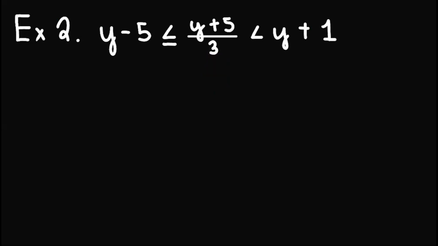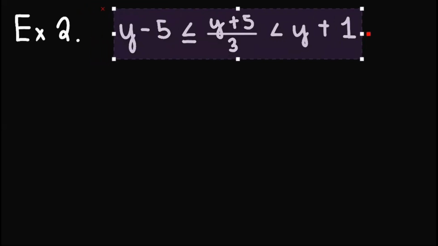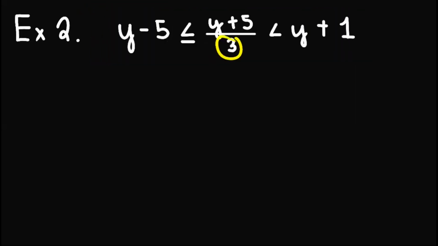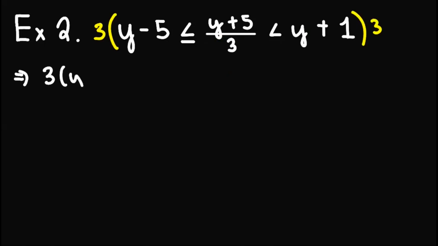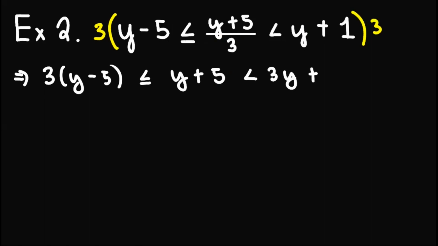So first, to eliminate this denominator out here, since it's not really good looking, I guess, we can multiply 3 to both sides to obtain 3 times y minus 5 is less than or equal to y plus 5. And on the right, we'll have 3y plus 1.